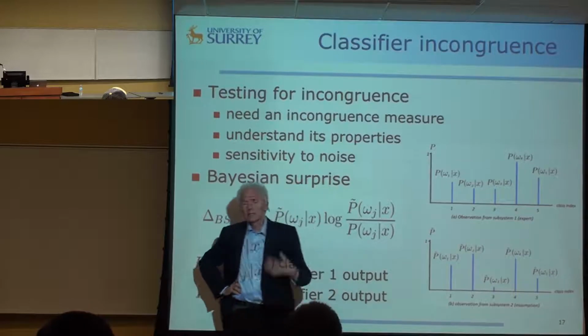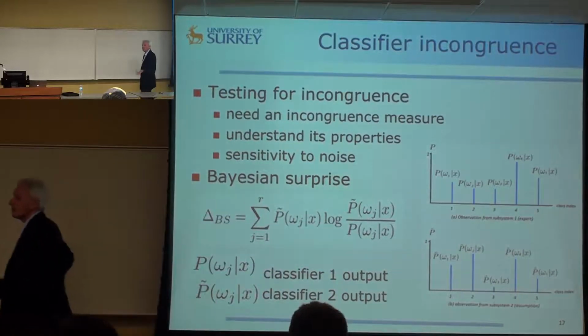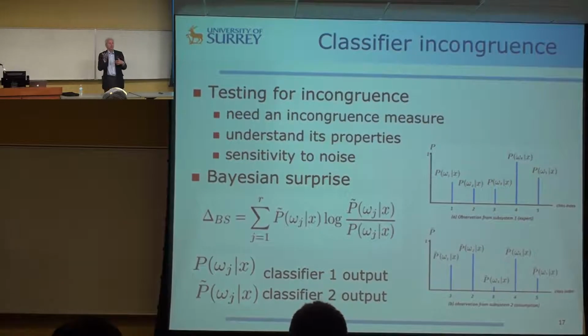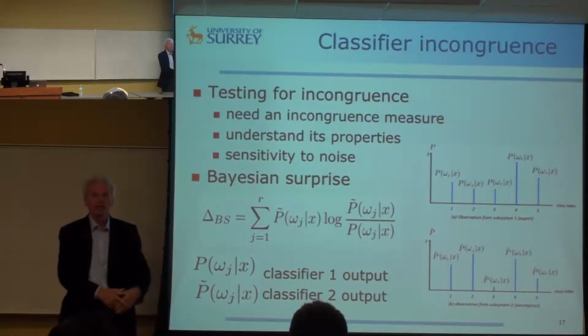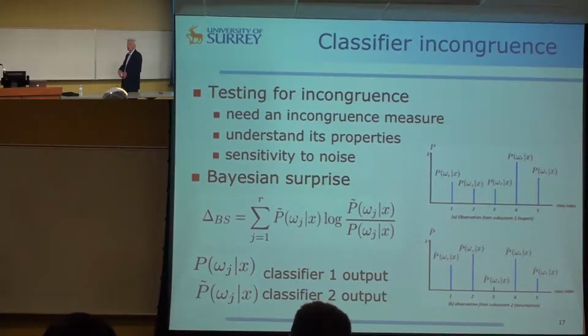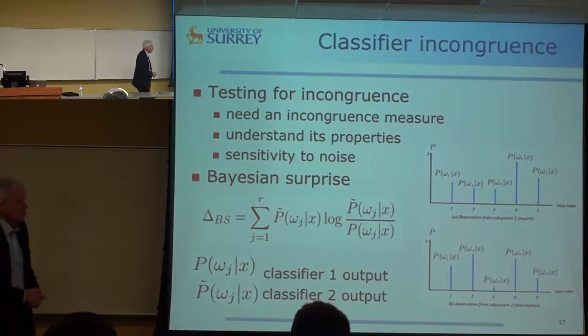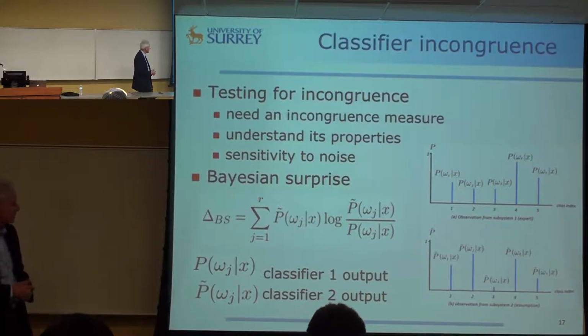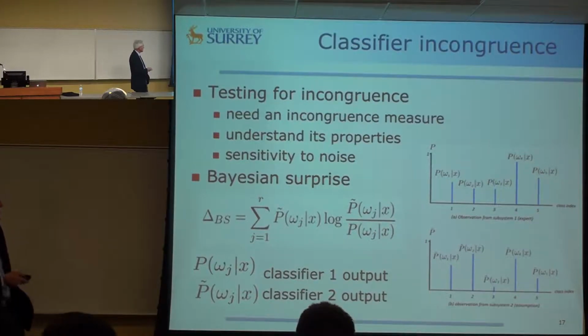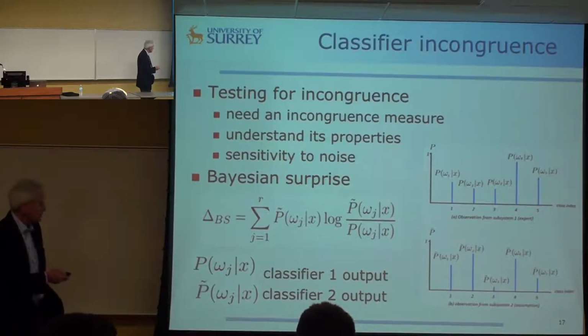You have two classifiers outputting probabilities for various hypotheses, and if the support for various hypotheses produced by these two classifiers is different, then you have incongruence. For instance, one says it's a ball, and another one says no, it's some other object. This will be an incongruent observation, and you want to be able to test it, and you can suggest that there is something anomalous. You can use, for instance, the Bayesian surprise measure. This is what was suggested in the computer vision literature.